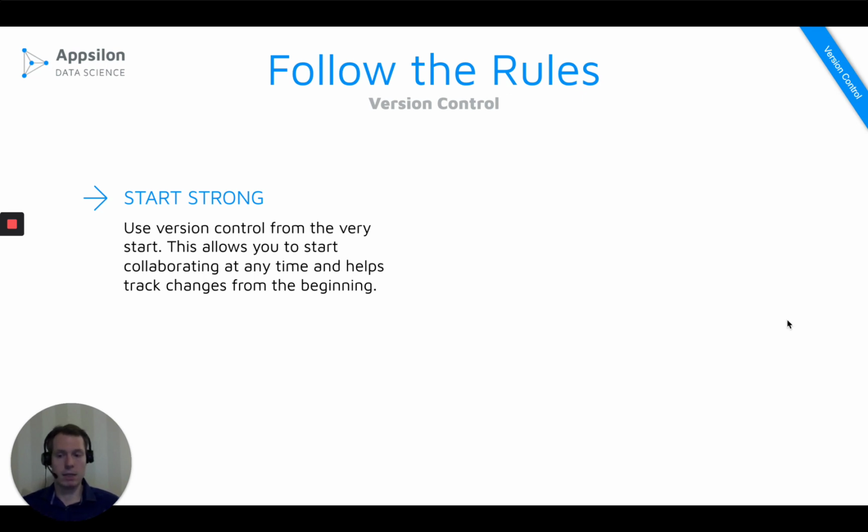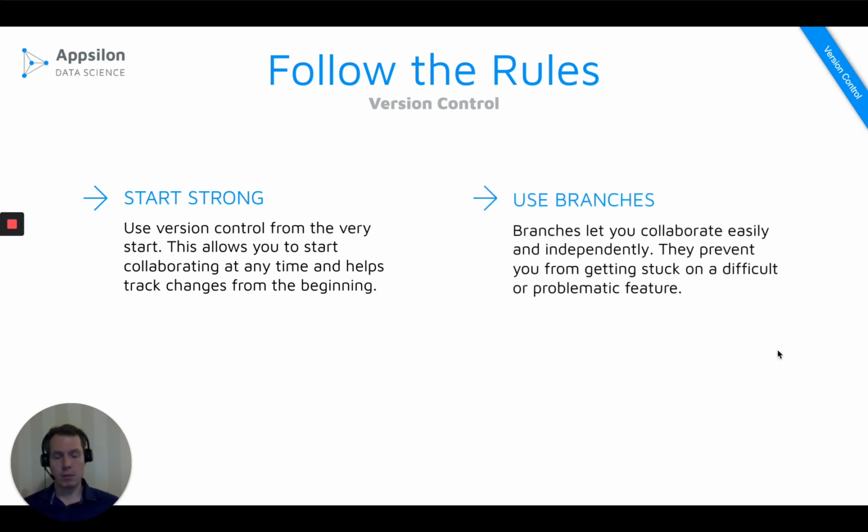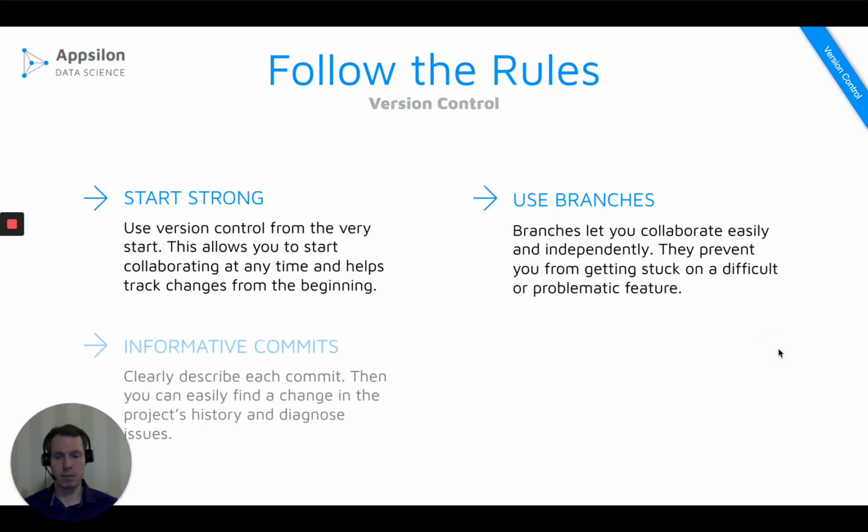So all the features of it will create a good habit. So the crucial thing is to use branches. I've seen a lot of teams that were committing directly to master, and it is causing a lot of problems. So use branches, and it will allow you to collaborate independently, and you can switch between your features easily.